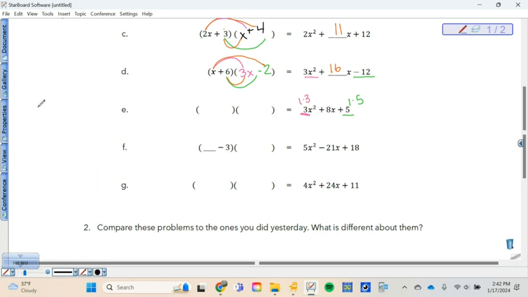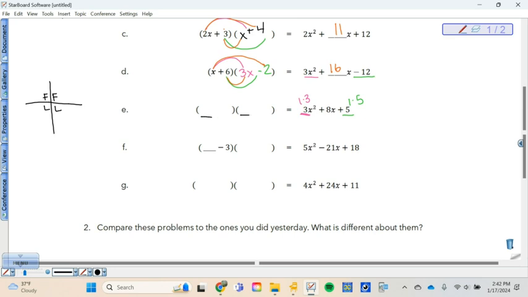So I want you to draw a little cross, a little 4 corners sort of thing. And the 2 top squares, those are going to be our first times first. And the 2 bottom squares are the last and last, right?